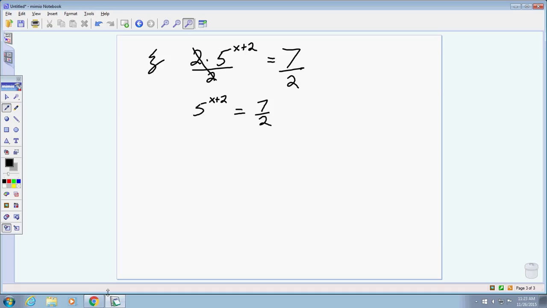Now, if I was writing steps, step 1 is going to be take the log of both sides. So log of 5 to the x plus 2 equals 7 over 2. And it's really quite this simple. If my variable is outside of the log, and you'll see on the next step what I'm talking about, when the variable is outside the log, I can just isolate x.